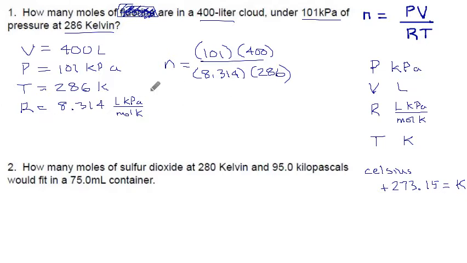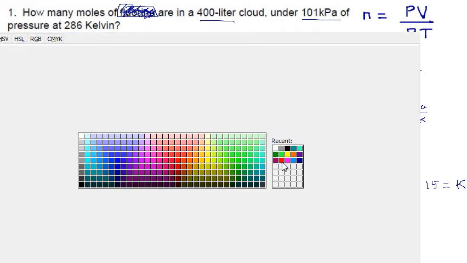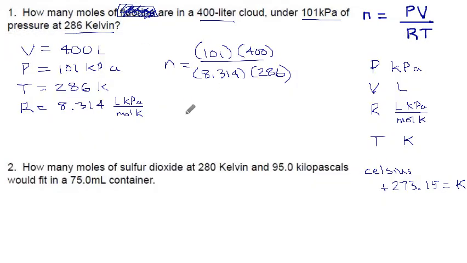Now, a calculator mistake that some people make here. Here is something you must not do. 101 times 400 divided by 8.314 times 286. This, if you put it in a calculator, will not work because the calculator doesn't understand that both of these are in the denominator. If you give it this, that's like saying the 286 is up top, which is incorrect.